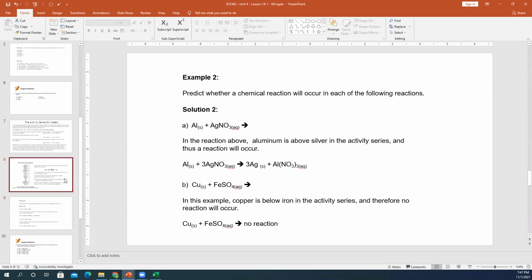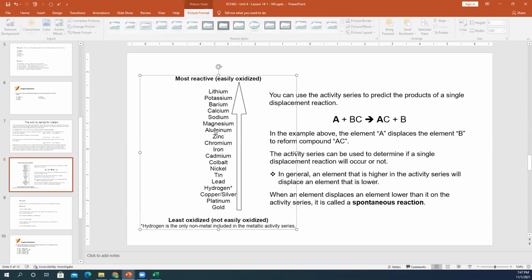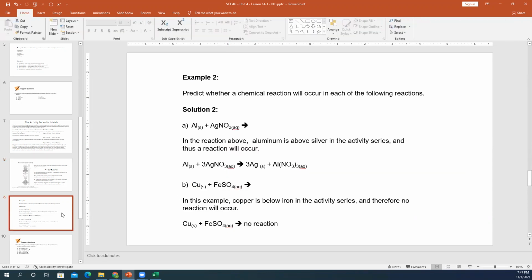So if we take a look here, we see that aluminum right there is higher than silver. Aluminum is higher than silver. Silver is down here. So aluminum is above silver, and therefore a reaction will occur. So the reaction that will occur is that this aluminum will displace this silver.